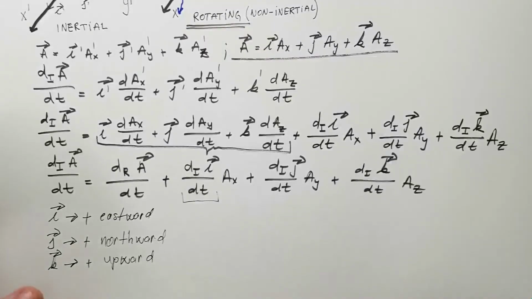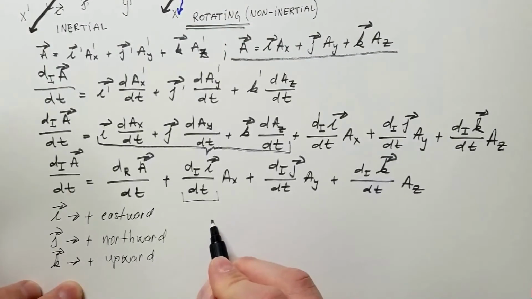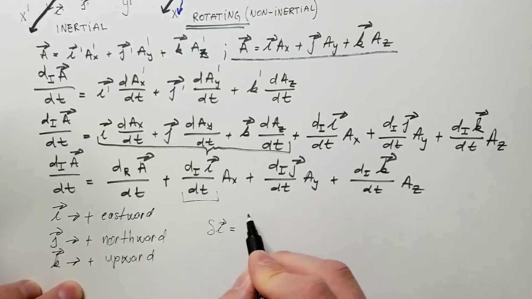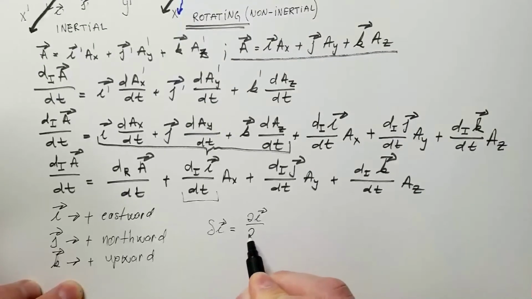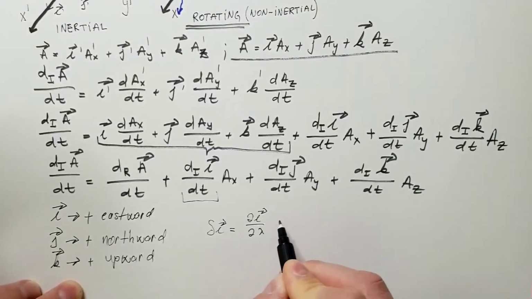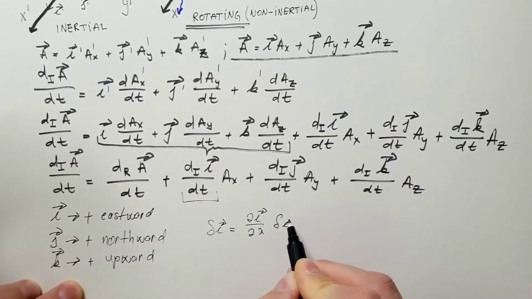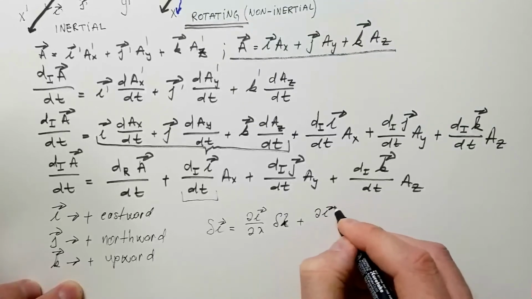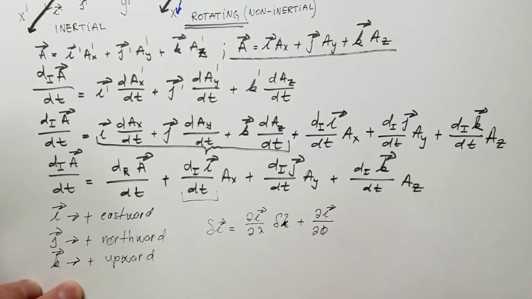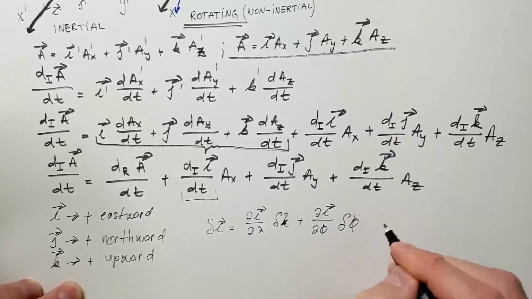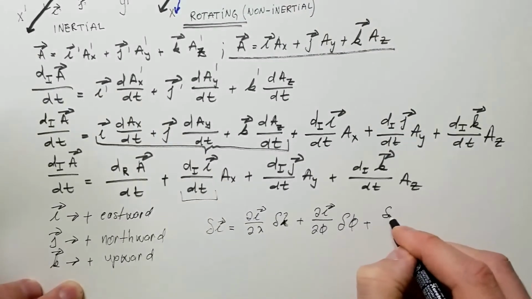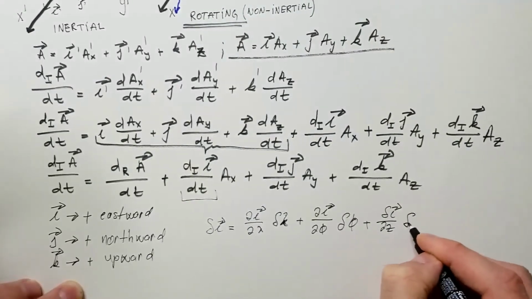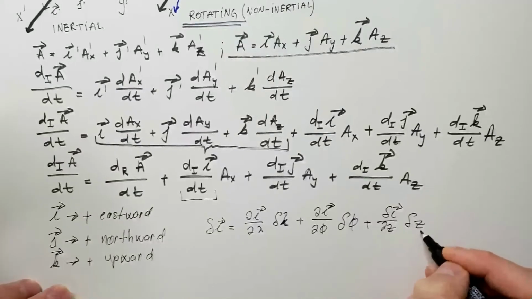Which means, while in principle I could say that the change in I can be delta I over delta lambda, where lambda is longitude, times the change of longitude, delta lambda, plus delta I over delta phi, where phi is latitude, times the change of latitude, plus delta I over delta z times the change delta z, where z is height.